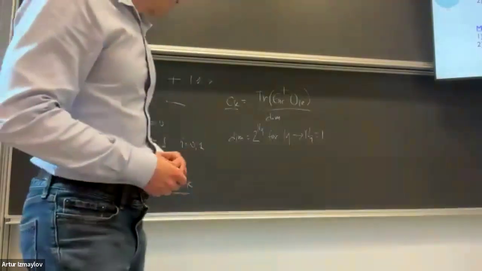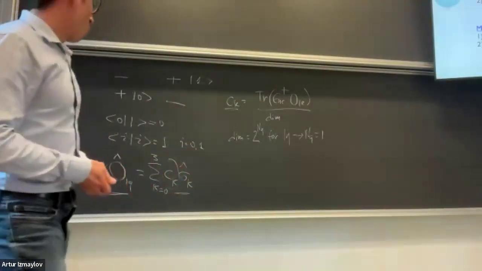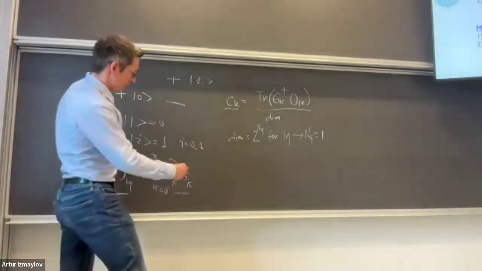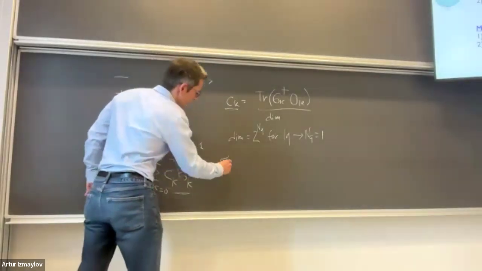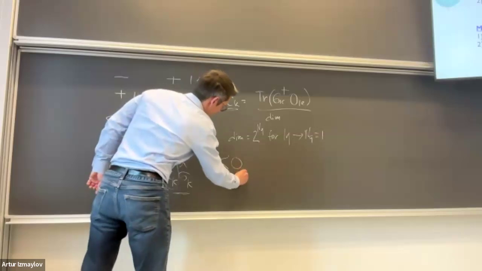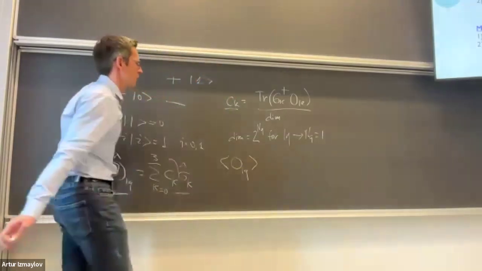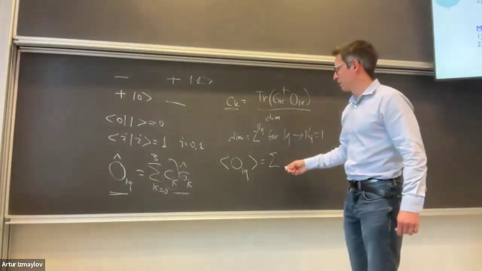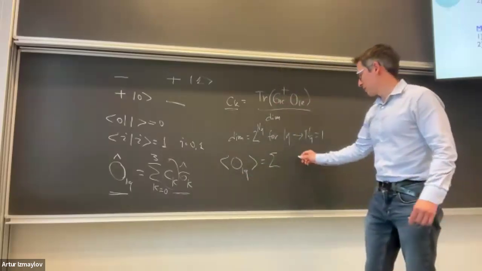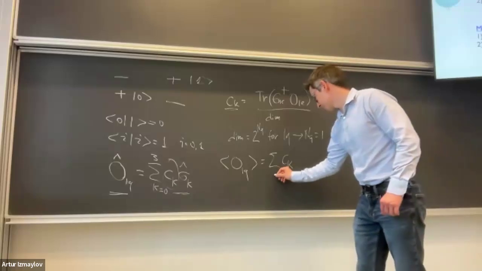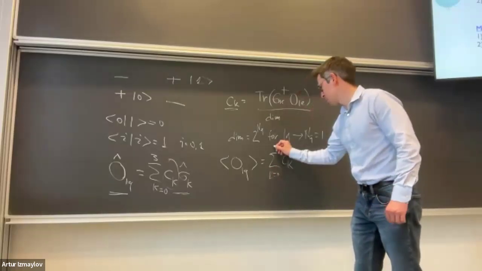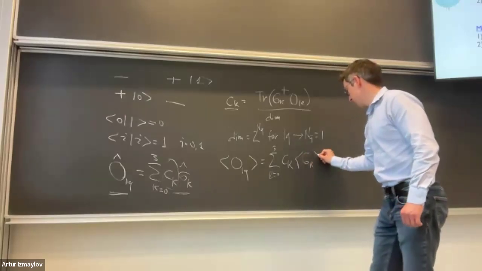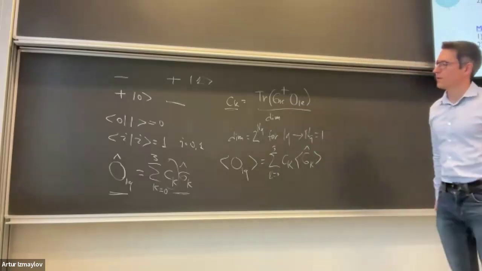One more thing of possible interest: if you have a state of a single qubit and you want to know the expectation value of any operator, this can be obtained by using the linearity of our space, with this expansion where k goes from 0 to 3, and here we use the sigma k expectation values.